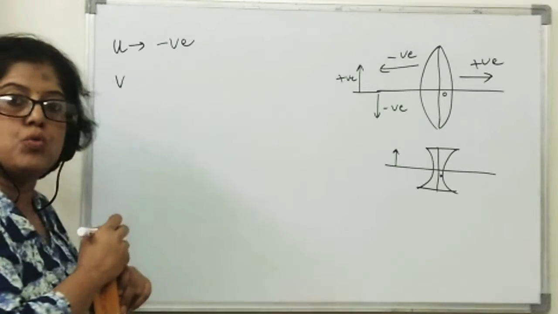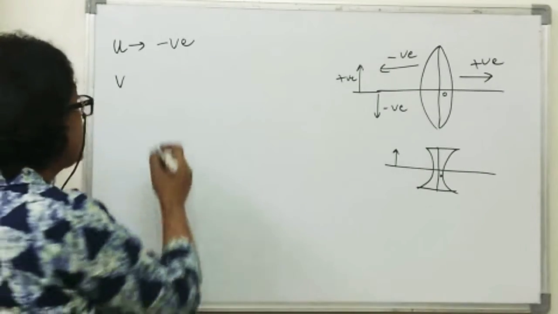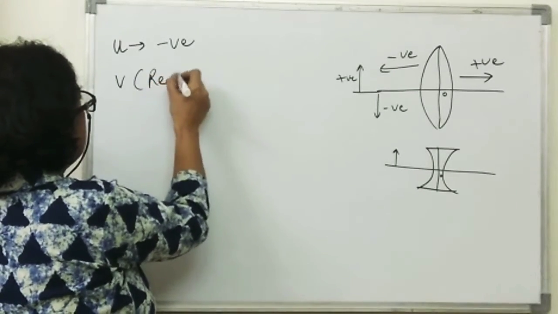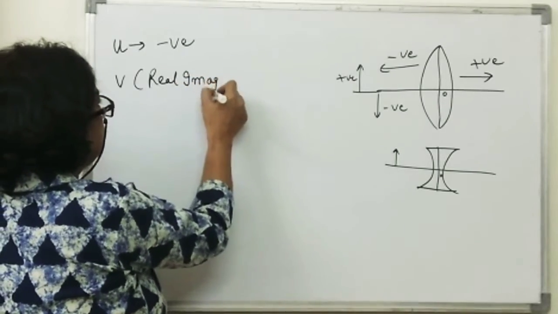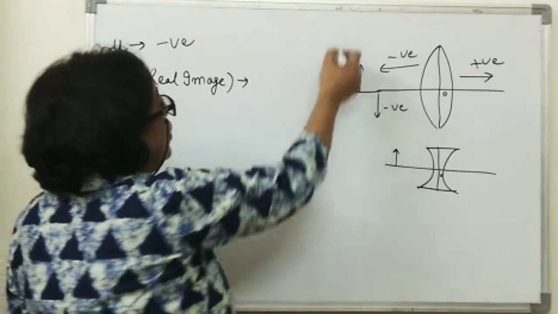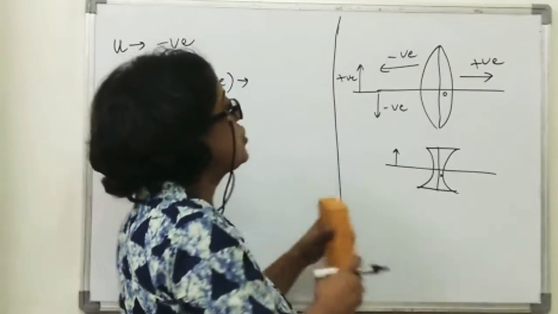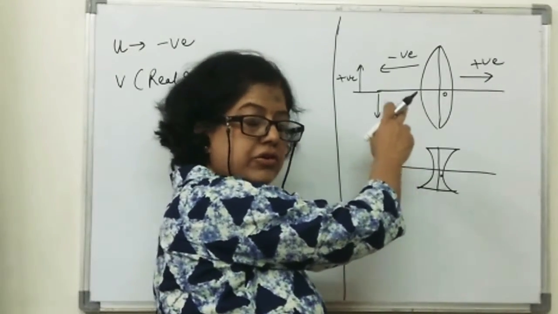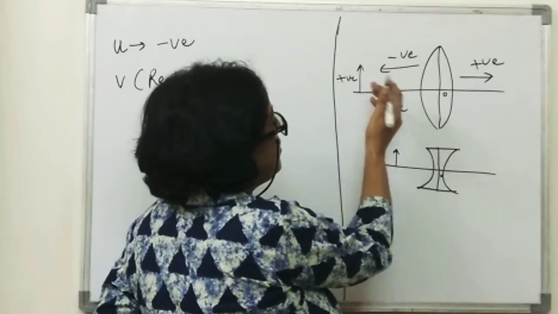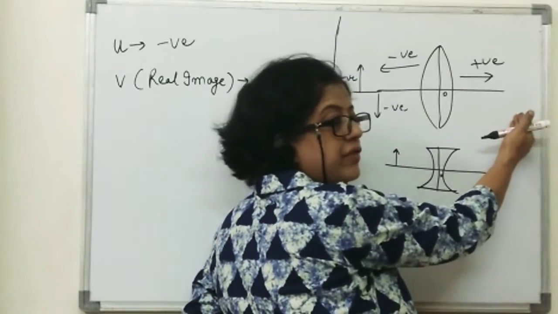Now let's talk about v, which is the image distance, for a real image. You know that a real image is formed in a convex lens, and whenever a real image is formed, it's always formed on the other side of the lens.